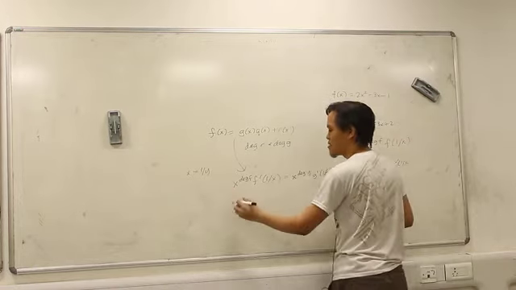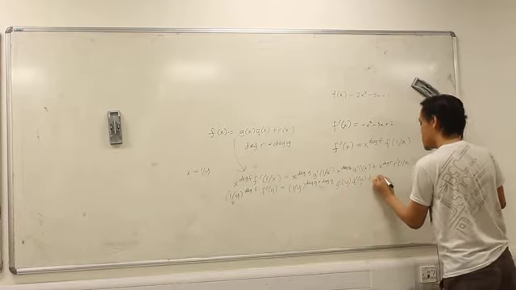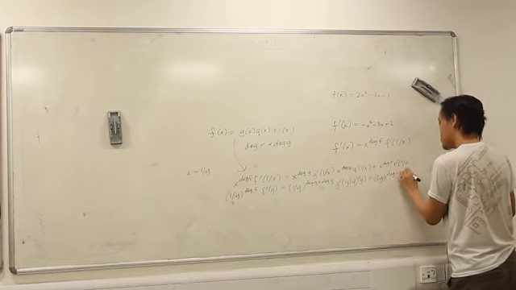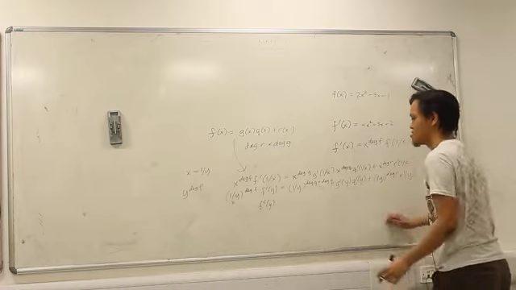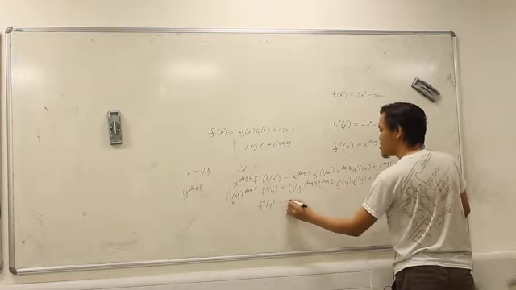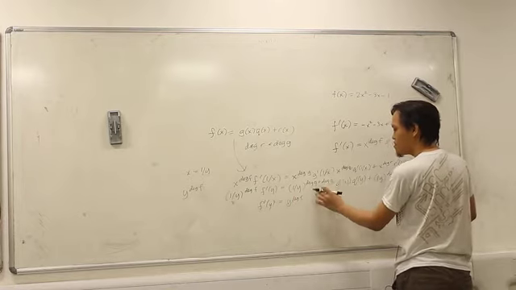Let's combine these. Now let's multiply all sides by this quantity. So this one will disappear. And now this one will become y to the degree of f, minus degree of g, minus degree of q.